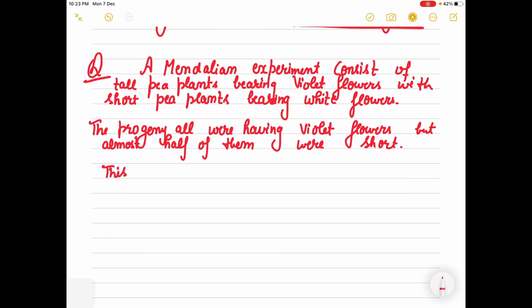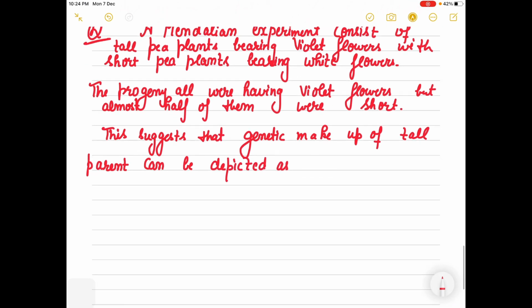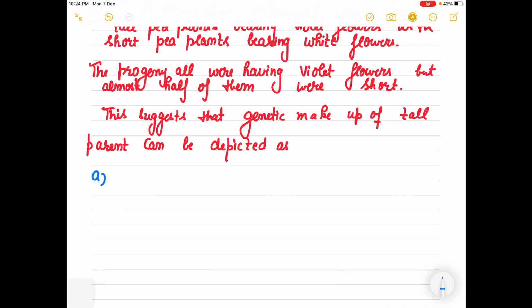This suggests the genetic makeup of the tall parent can be depicted as, meaning you have to find out the genotype of the parent. Because of that, there are violet flowers, and a few plants are short.